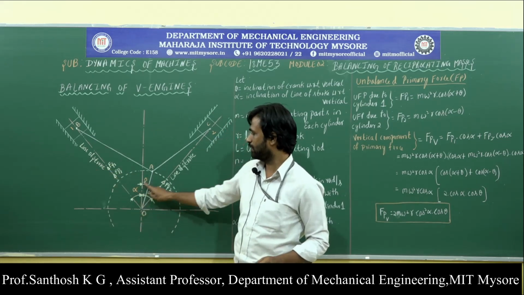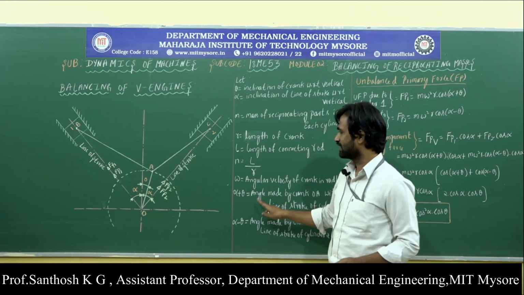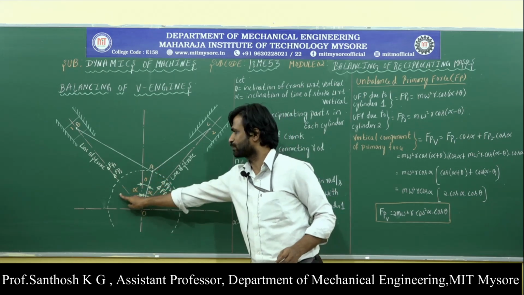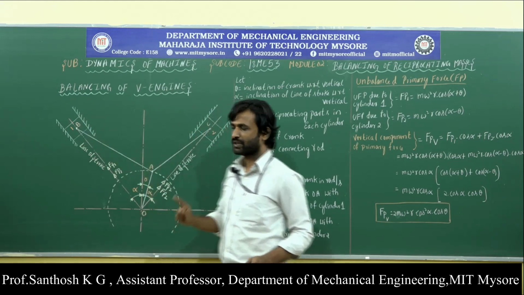Similarly, the inclination of the crank with respect to the line of stroke of cylinder 1 will be alpha plus theta. So, alpha plus theta represents the angle of this crank OA with respect to the line of stroke of cylinder 1.